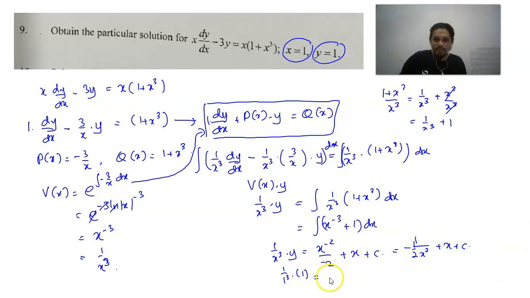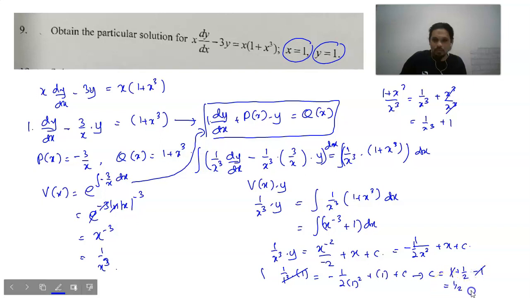So negative 1 over 2 times 1 squared plus 1 plus c. This is 1, so then c equals 1. The negative 1 over 2 moving across becomes positive, so 1 over 2 plus 1 minus 1... so c equals 1 over 2.